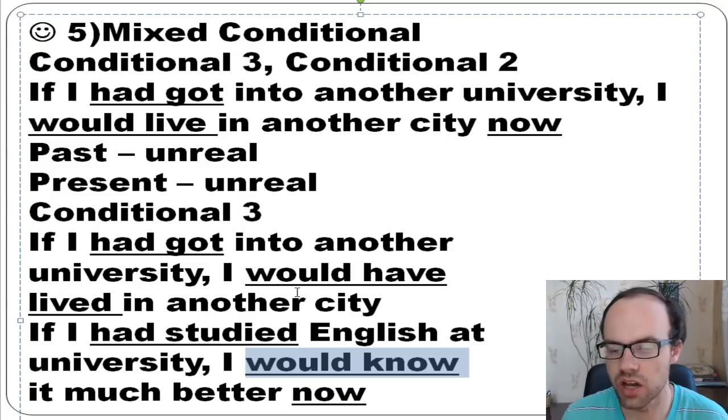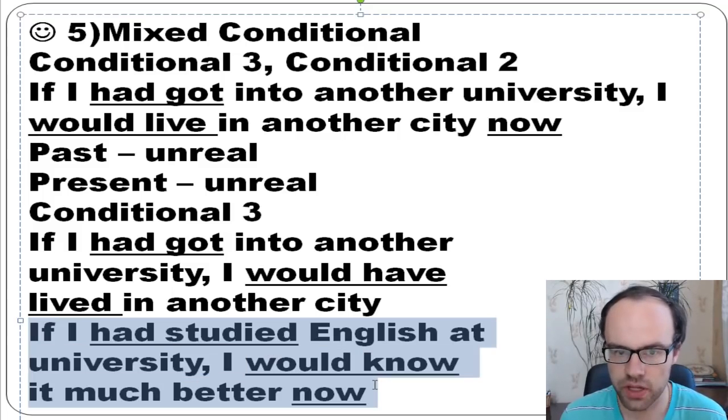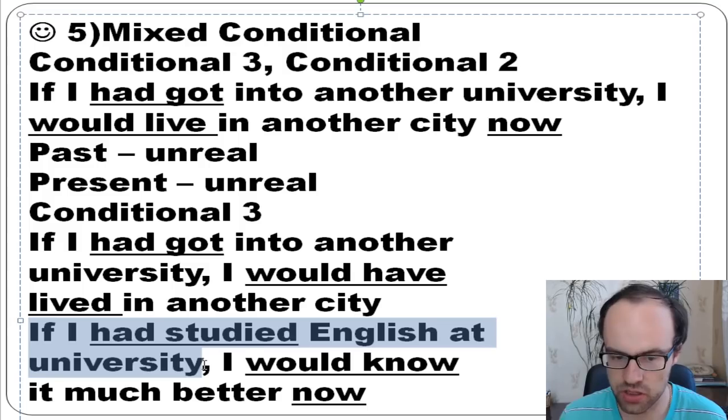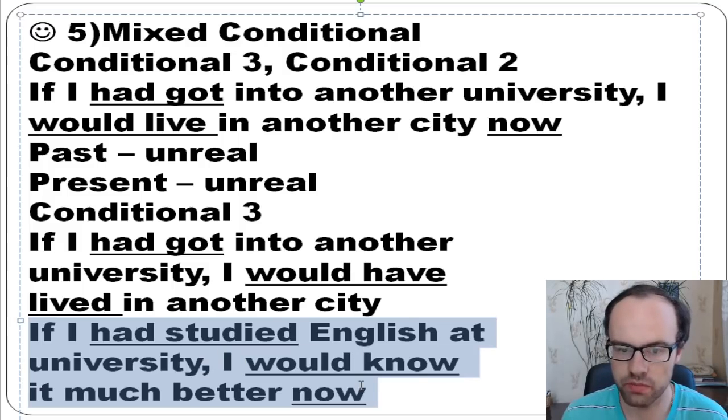And I think 99.9%, so 99% of students make this mistake again and again with the mixed conditional, but I think that you won't make this mistake and you'll use it in your speech very naturally and effectively. Okay, look, if I had studied English at university, I would know it much better now.